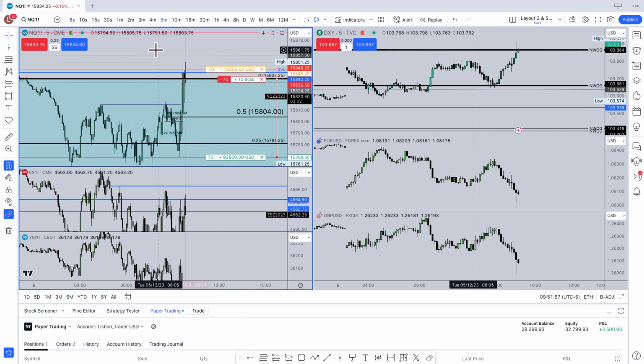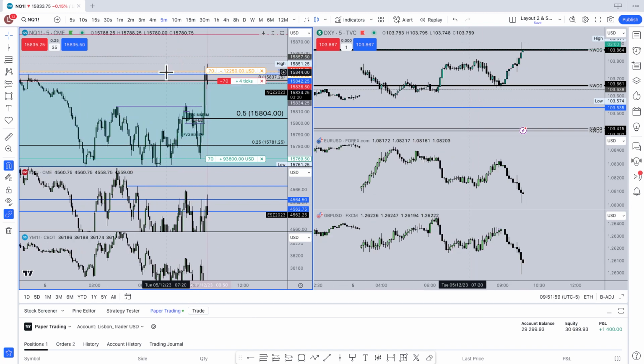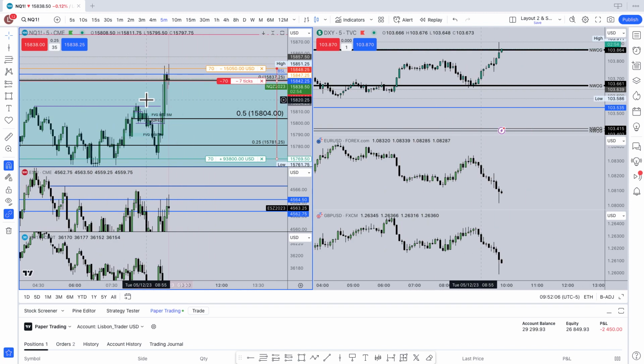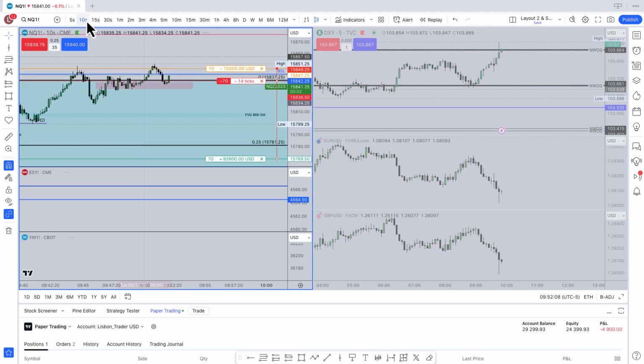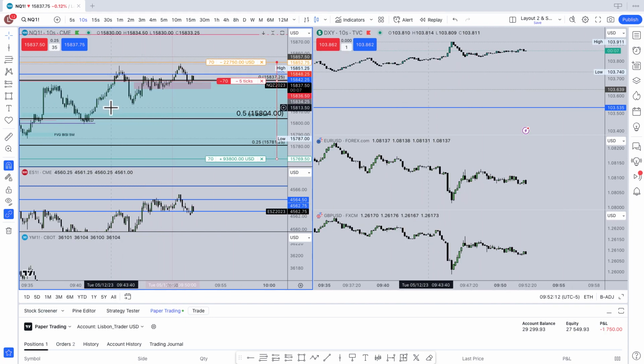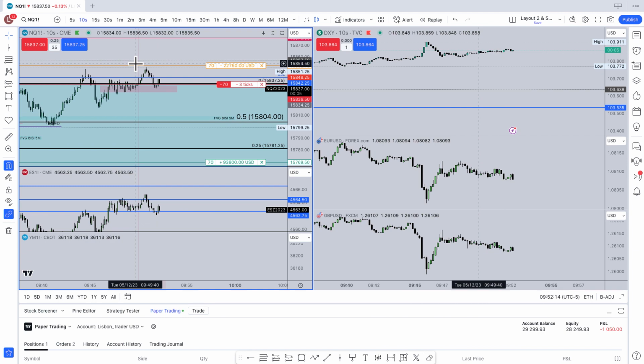We'll get it down here. Let's risk this trade. I'm risking the full balance on this one.